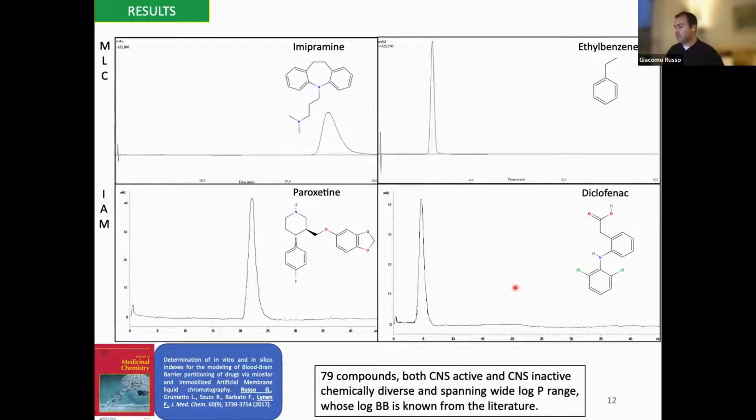We selected as data set 79 compounds, which were both central nervous system active and inactive, chemically diverse, small molecules only, and spanning a wide log P range, 5 units, whose log BB was known from the scientific literature. We also tried to consider just a few references because we realized that when you take data from different references, the variability of the data can be really problematic.